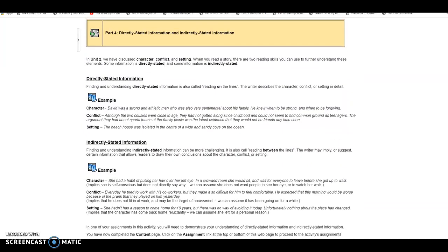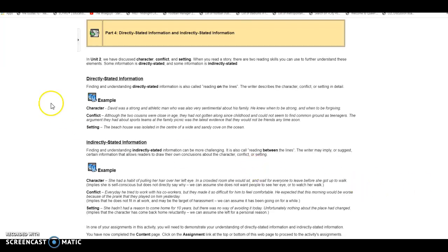The last part of the content page is part 4, directly stated information and indirectly stated information. And so what we're going to have to practice here is reading a short story and identifying the parts that authors are directly explaining and clearly stating to us, and then identifying the parts that are indirectly stated, where we have to read between the lines and figure out what the author means, even though he's not giving us all of the information.